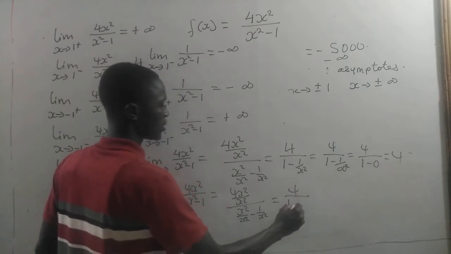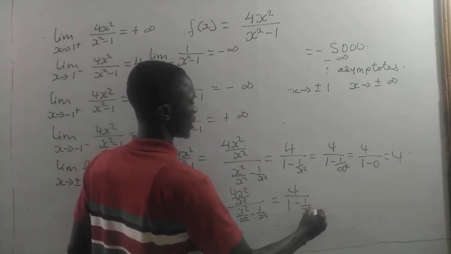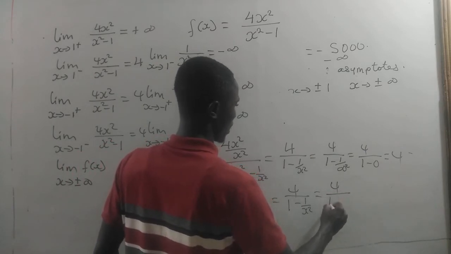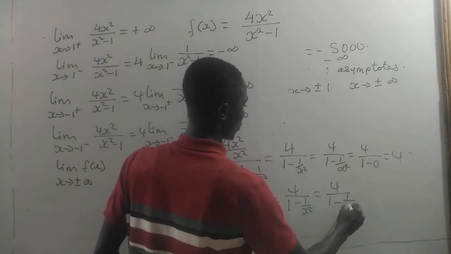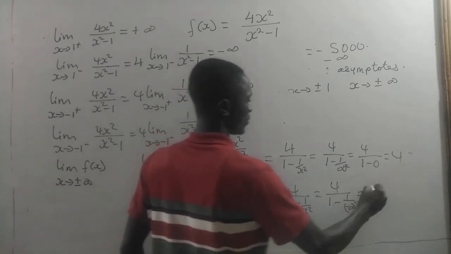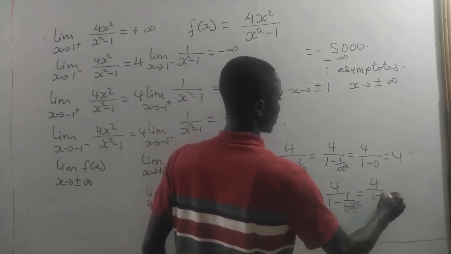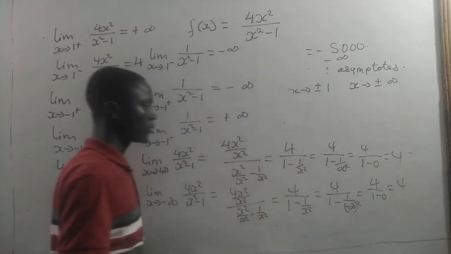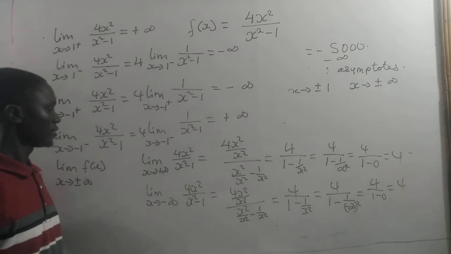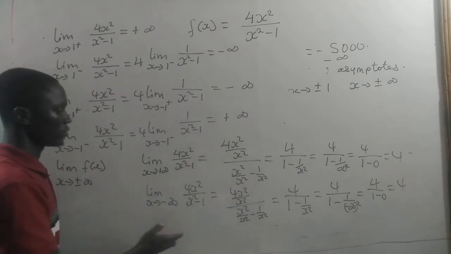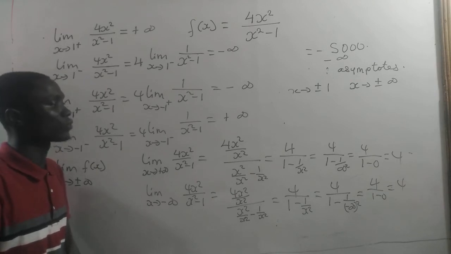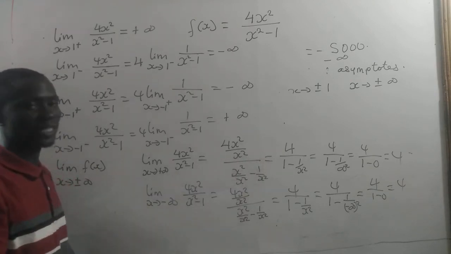That will give us 4 on 1 minus 1 on x squared, equal to 4 on 1 minus 1 on negative infinity squared. That will give us 4 on 1 minus 0, that is 4. So once you've gotten the plus to be 4, we will get this one also to be 4. And this is what we call the horizontal asymptote.